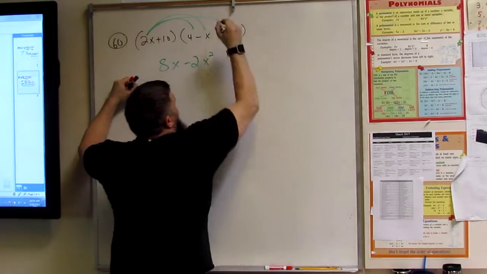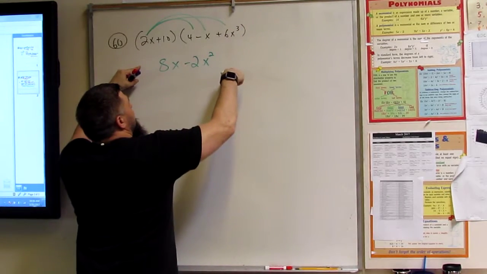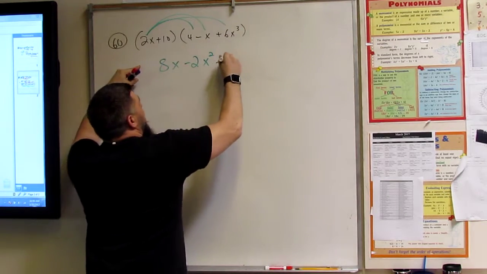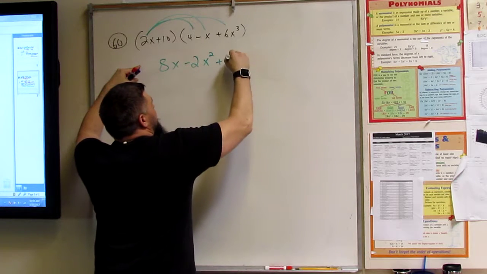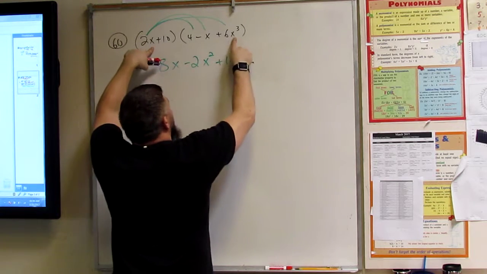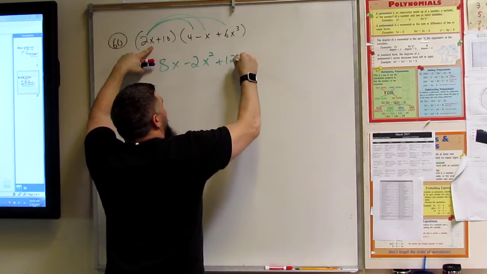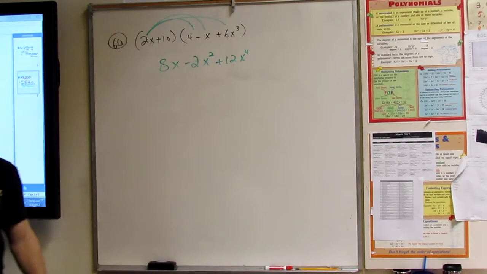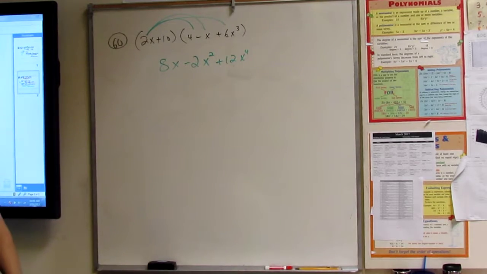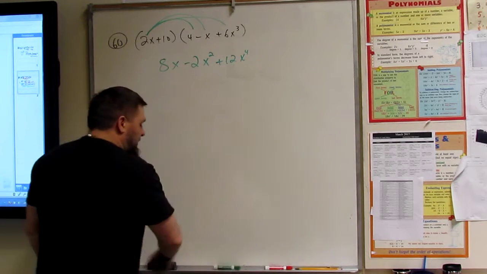Then we have 2 times 6, which is 12. Oops, I don't know why I put 16. 12, and I have x and x cubed. So 3 x's and 1 x means 4 x's. So 12x to the 4th.